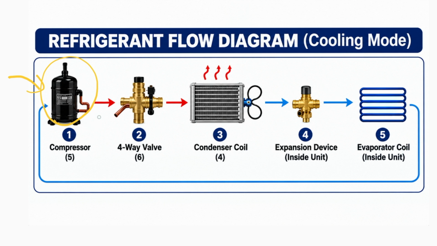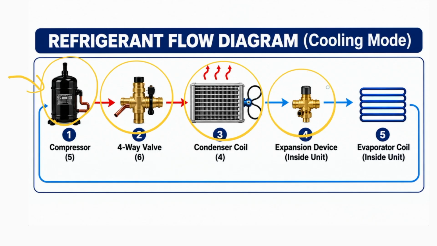It compresses the refrigerant and sends it to the four-way valve, and then it goes to a round circle condenser coil, and then goes to the expansion valve. And then the refrigerant goes to the FCU, the fan coil unit, and then it cycles back to the compressor.